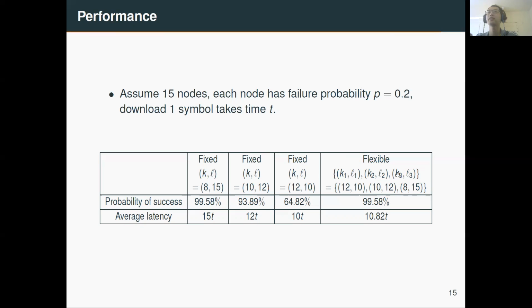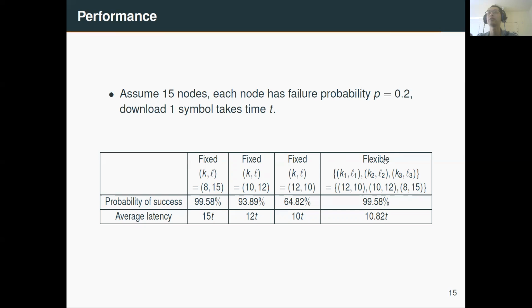So in this case, if we have 12 available nodes, we only need to download 10 symbols in each node. And if we have 10 available nodes, we need to download 12 symbols in each node. And in the worst case, if we only have 8 available nodes, then we need to download all the 15 symbols in each node. In this case, we can see that we have the maximal failure tolerance.